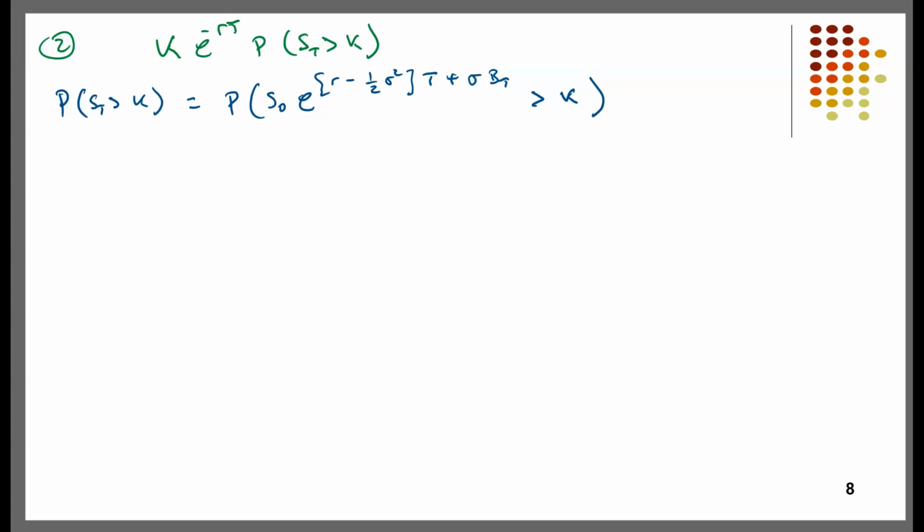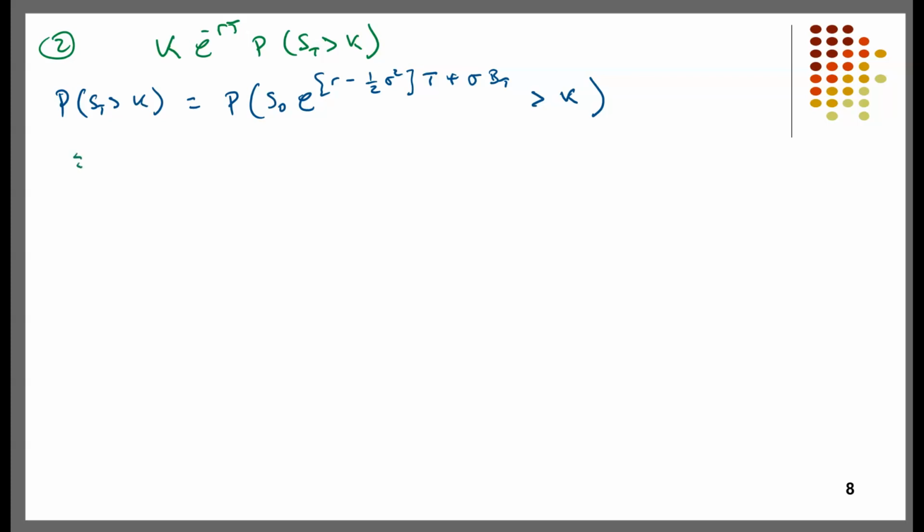Now, we don't really see how we're going to do this just yet, because we're working with the exponential there, and that's not clear enough. Let's get rid of that exponential by taking the log of both sides.